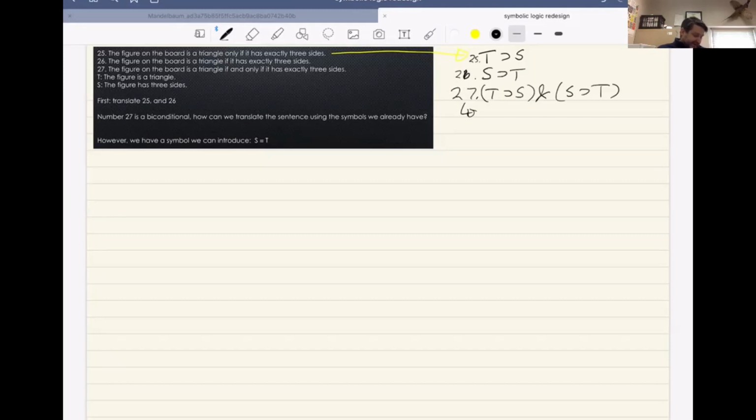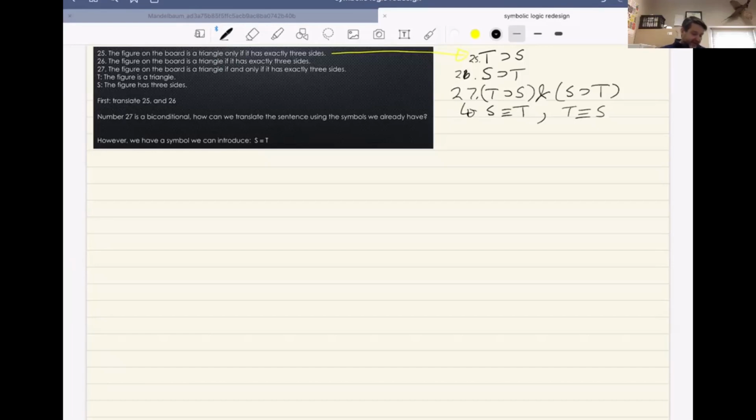So we can use the biconditional to translate using the symbols we already have into the following. This means the figure on the board has three sides if and only if it's a triangle, or I guess the way it's actually written here. It doesn't really matter because the logical relationship goes both directions between these two, but this is going to be equivalent. The figure is a triangle if and only if it has three sides. So that is how we are going to symbolize using our biconditional symbol.